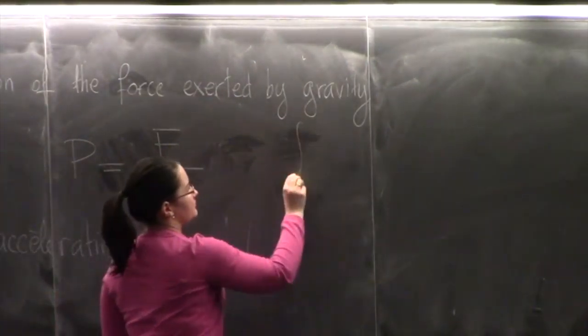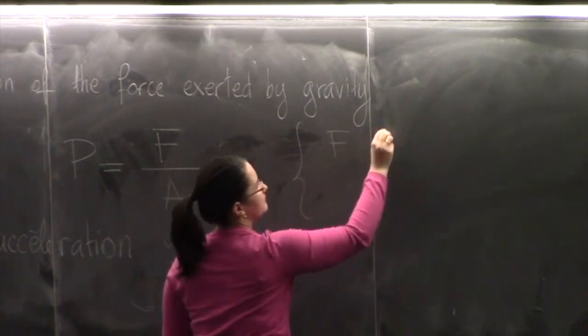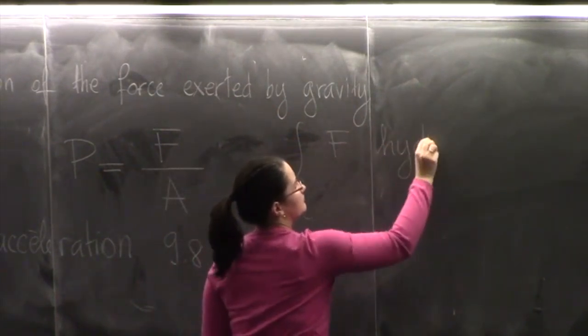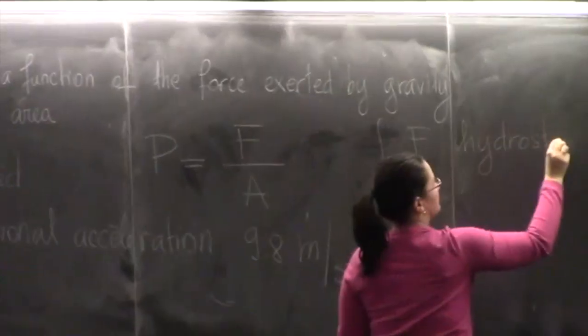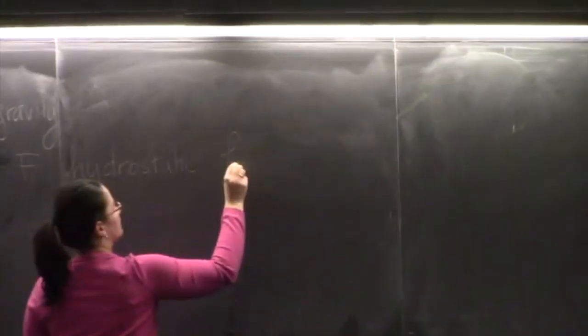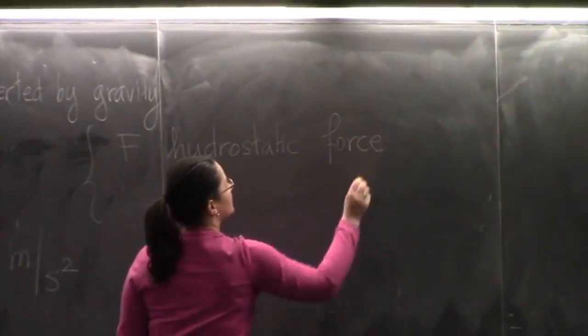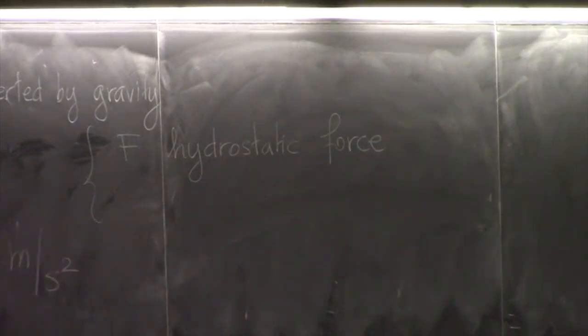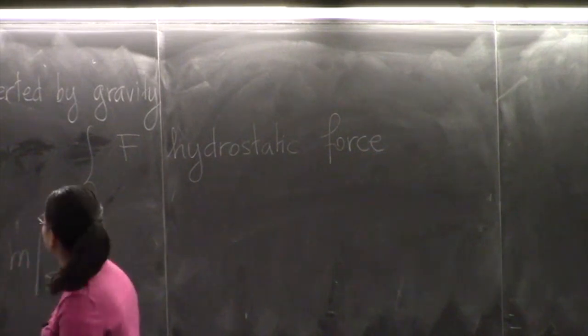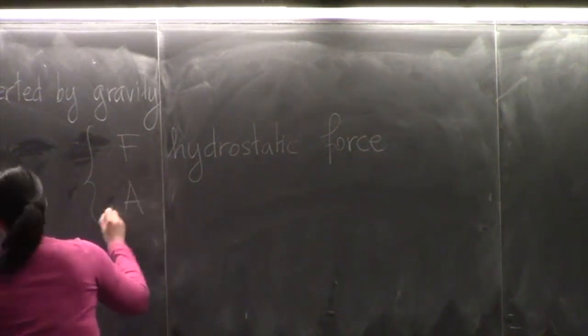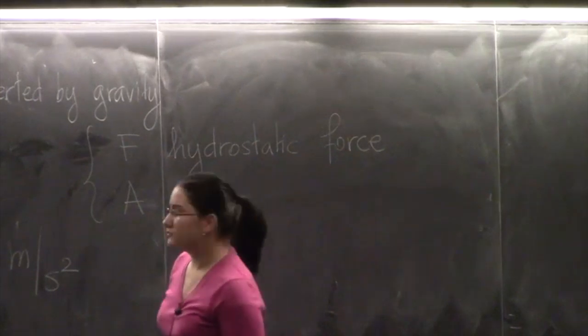F is the hydrostatic force, and it's like the gravitational force of the water on top, so it's just like the weight of the water. And A is the area of the object that is submerged underwater.